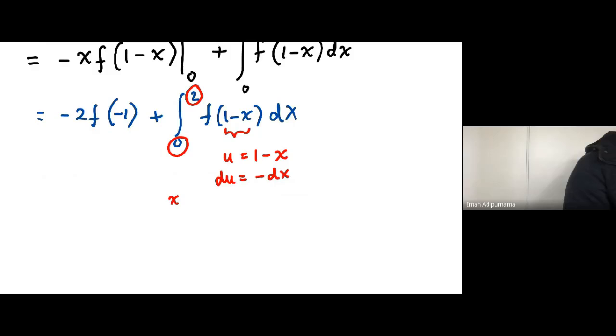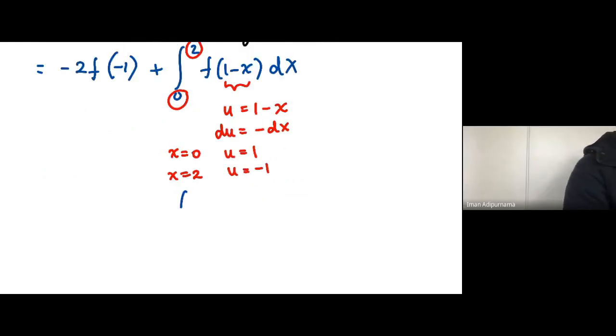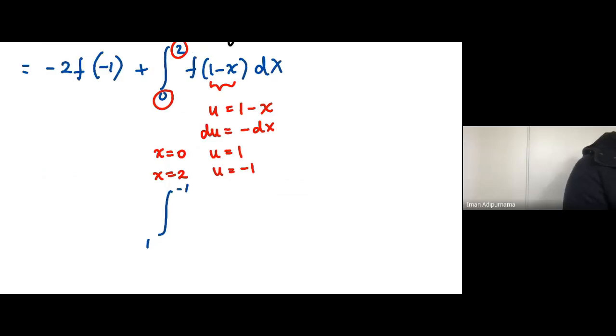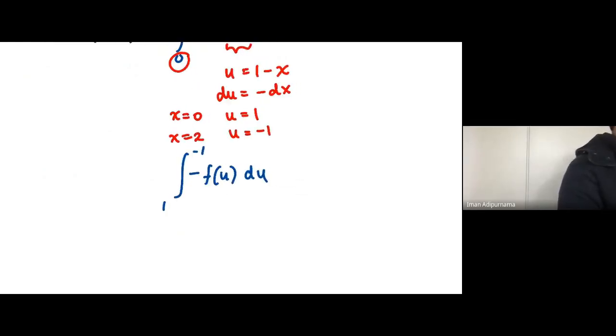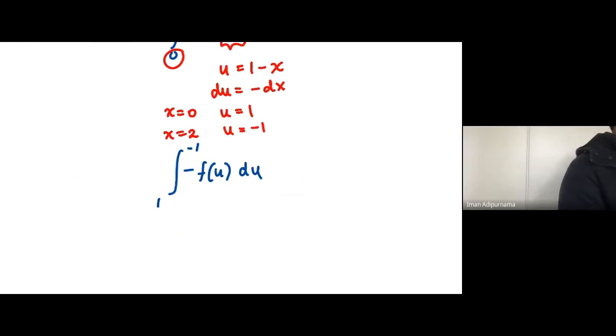So when x is 0, u is 1. And when x is 2, u is negative 1, right? And I can exchange that, becoming 1 to negative 1 of negative f(u) du, right? Or I can say, because of odd function and we have this 1 and negative 1, this will be 0.